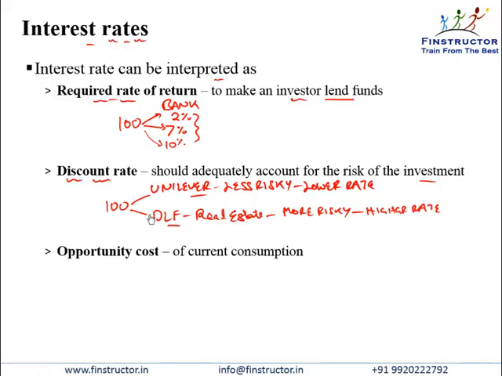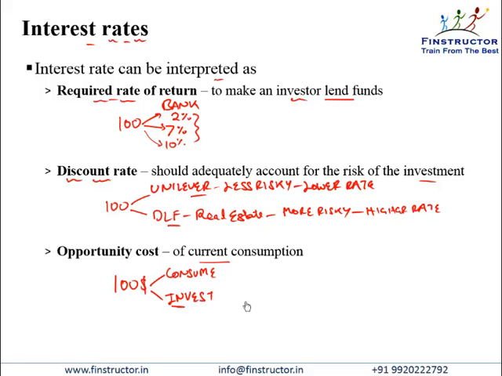The third theory says that the discount rate, or the interest rate rather, is the opportunity cost of current consumption. So please understand, if we have $100 at any point in time, with the $100 in our pocket, we have two choices. We can either consume it or we can invest it.